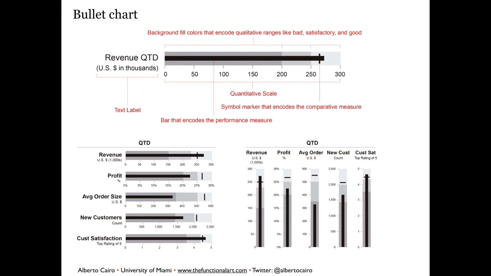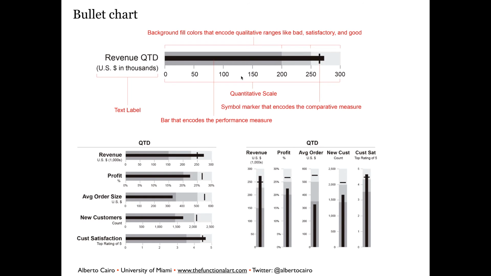For instance, in the past few years, many people, such as Stephen Few, who has written several books about data visualization, have come up with new graphic forms, have expanded the vocabulary of data visualization. Steve Few, for example, invented this graphic form that you have on screen right now, the bullet graph or the bullet chart, which is a variation of the bar graph.